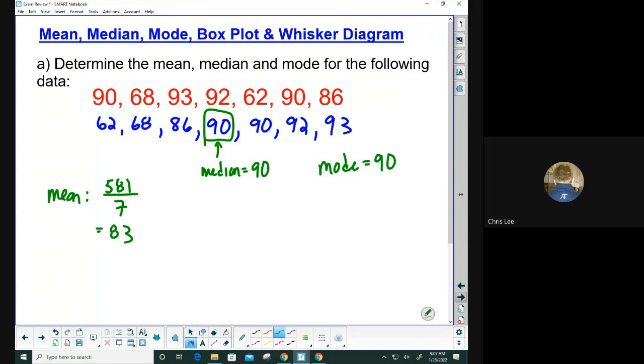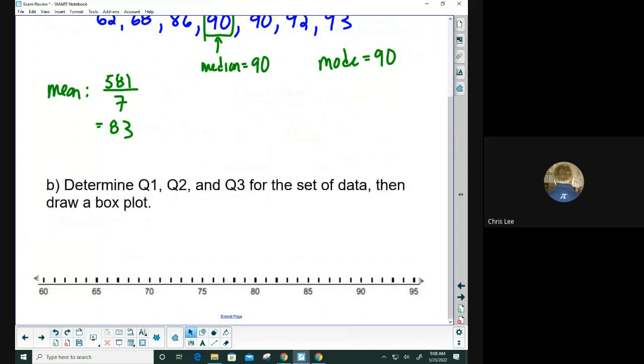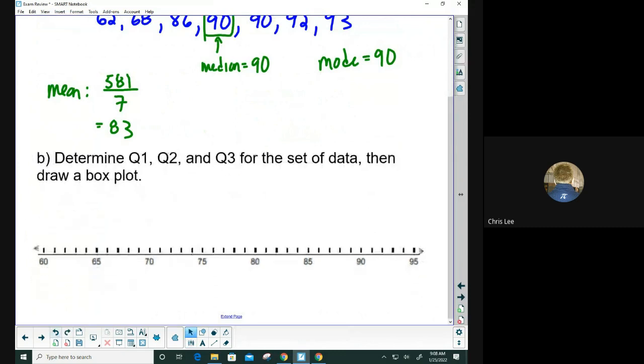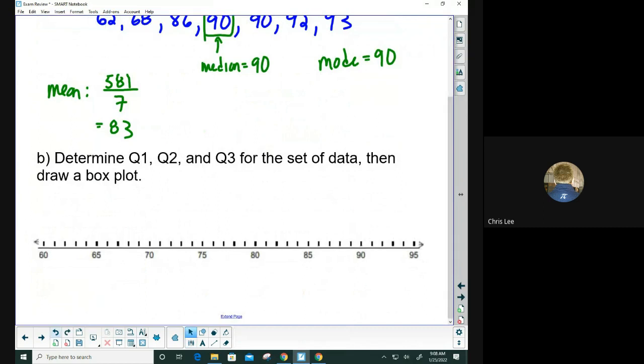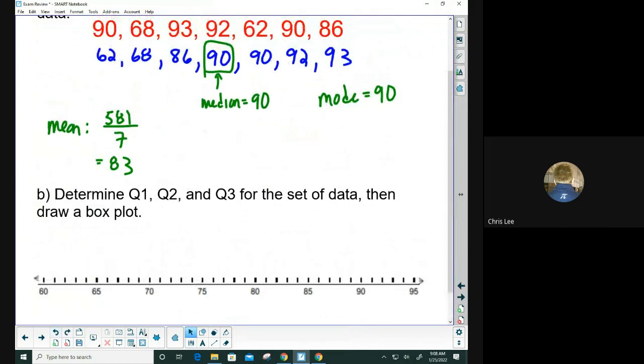Okay. What's next is to draw our box plot. So this might take a little bit of refresher. So we have to do Q1, Q2, Q3.